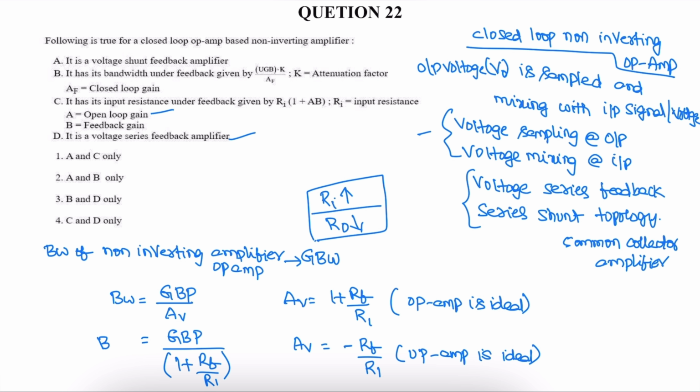This is the formula for bandwidth, and this gain bandwidth product is constant for op amp, given in the op amp specifications. So statement A is wrong and statement B is wrong. The correct option is C, D. Statement C, D are correct. Correct option is 4. Next question.